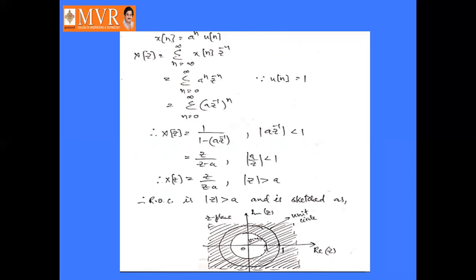So X of z equal to 1 by 1 minus a into z power minus 1, and its ROC is mod a into z power minus 1 less than 1. So it is z by z minus a, and a by z is less than 1, so mod z is greater than a.